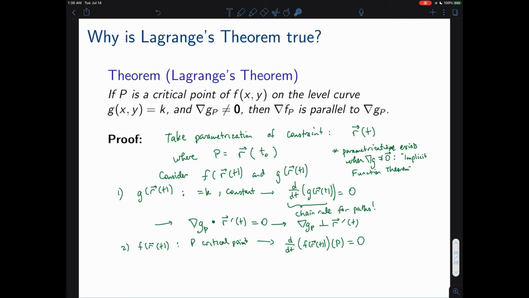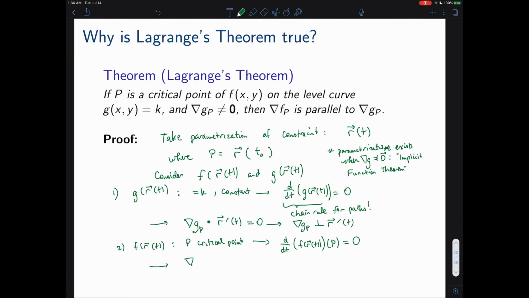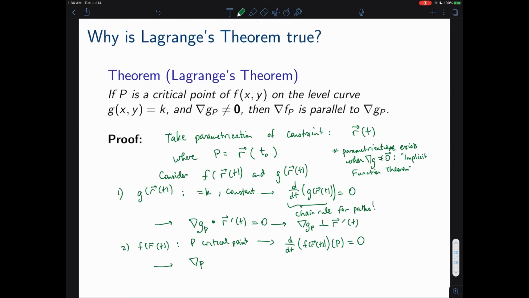Well, let's do the chain rule for paths again. So the gradient of f at that one point, dotted with r'(t). Oh, I should have said t0. t0 is the relevant t value for point P, and it's the same t0 for both of them.